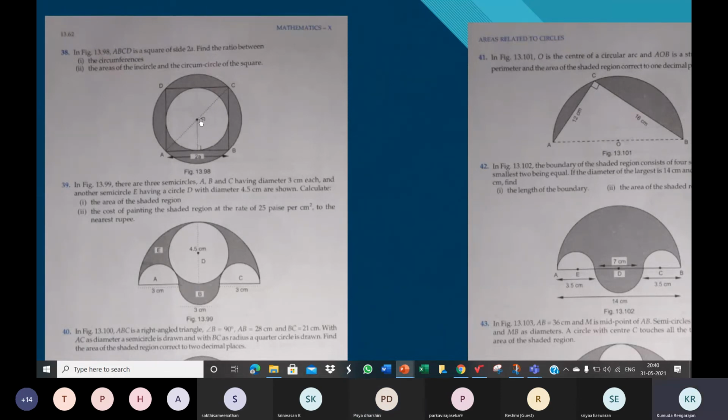How do we use trigonometry, children? Please use trigonometry and find OM. I told you to take this point as M. I want you to use trigonometry and find the length of OM.